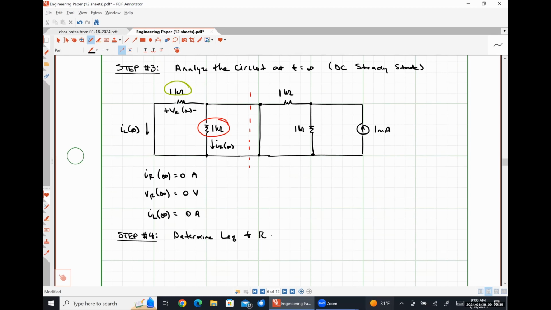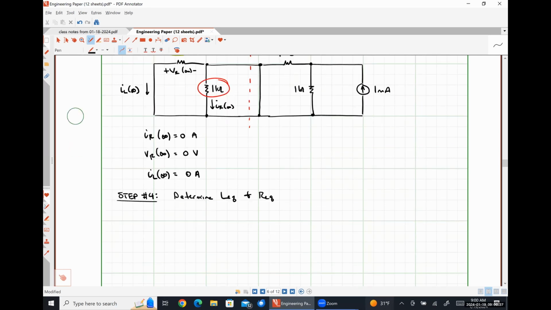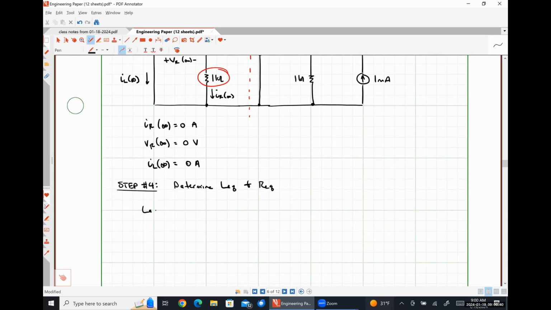Determine LEQ and REQ. Actually, let me explicitly state: during the transient condition, I believe very firmly that the equivalent inductance in this system is 1 millihenry because there is only a single inductor in the system, and it's a 1 millihenry inductor.